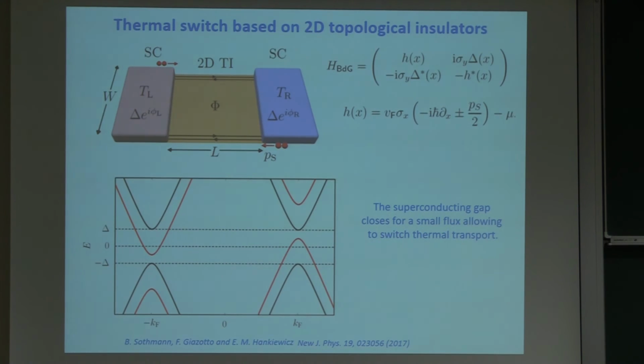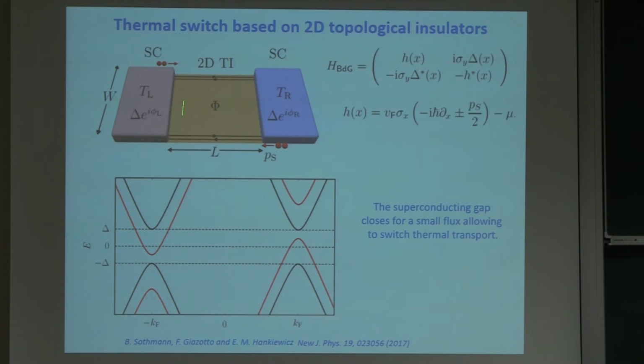Okay, one can also think further. What we are thinking further in this direction, which is not related exactly to distinguishing between different Andreev bound states, is that one could go a step further and think about a thermal switch based on a 2D topological insulator. So the idea here is that I have two superconductors, and then I have a quantum spin Hall effect, so really a 2D topological insulator, and inside of this 2D topological insulator I have a phase.